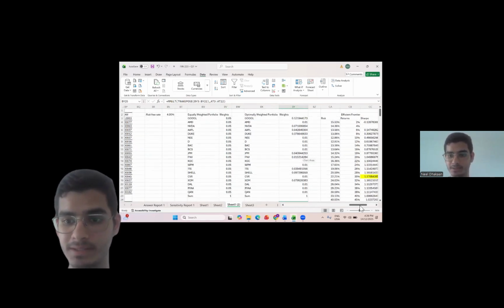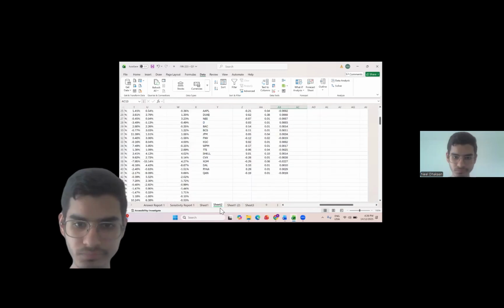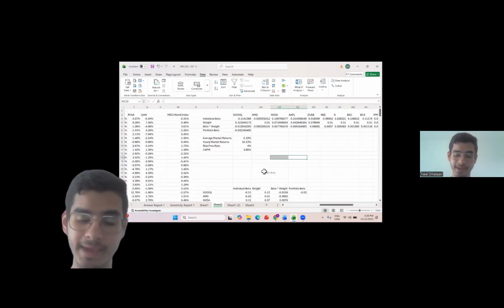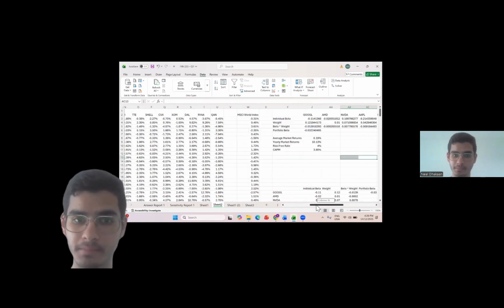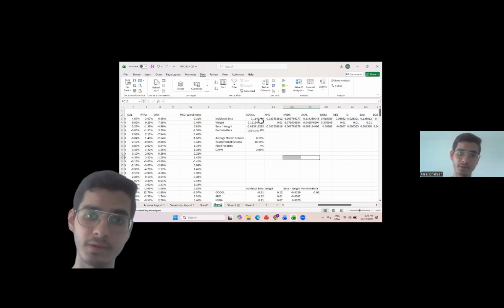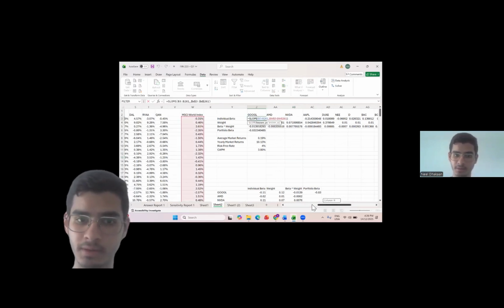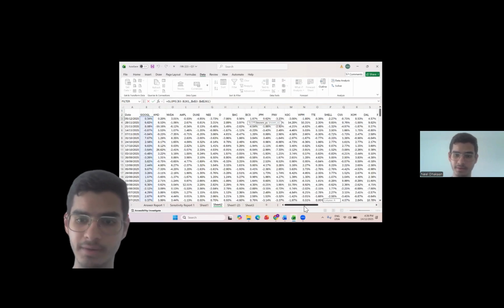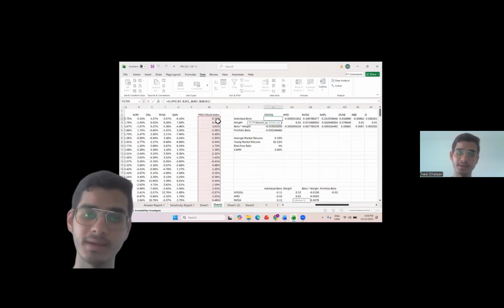And then after this, I calculated the portfolio CAPM. So I had to first calculate the beta for each of the stocks, which is basically the slope of the stock. So it's the stock returns, comma, the market.